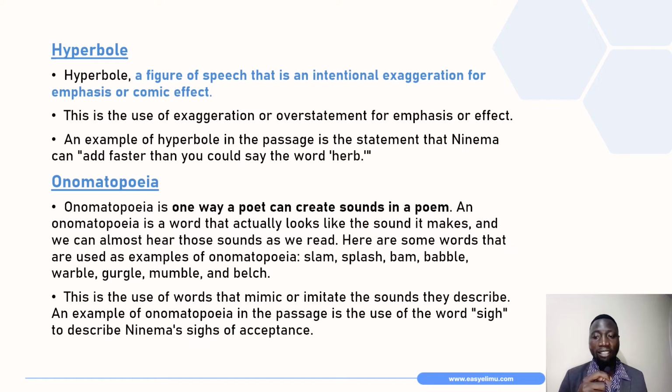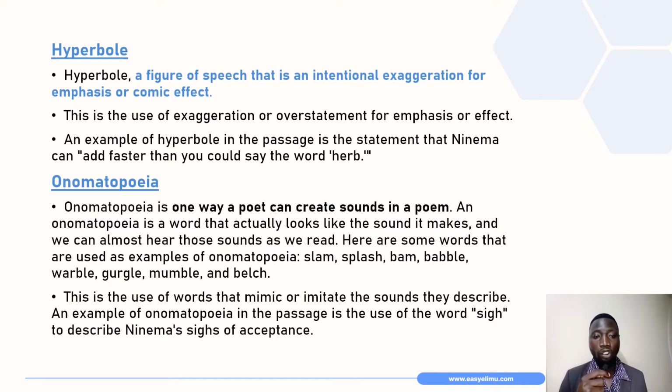So it means that when doing our calculations, that is, when trying to get the total summation of some of the things she has been able to sell, we are told that she is sharp. Before saying the word hub, she is already done with her addition. So that is an exaggeration of a statement.